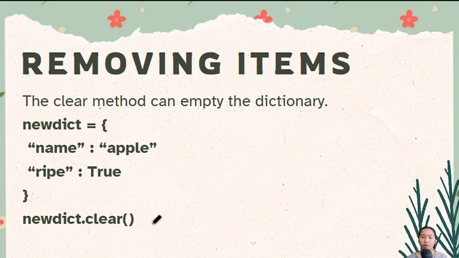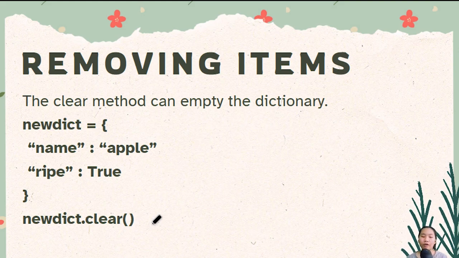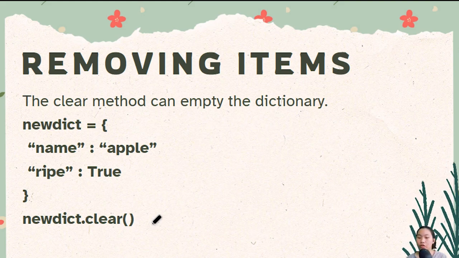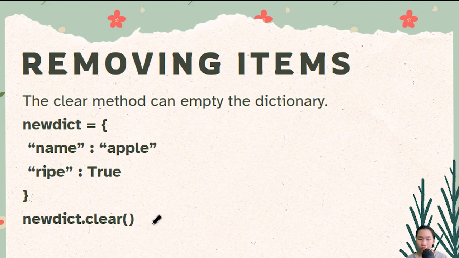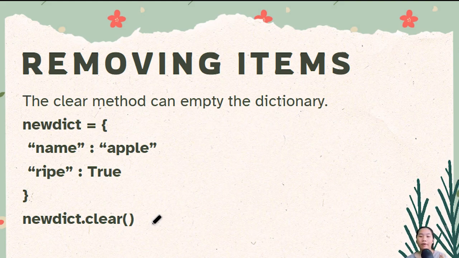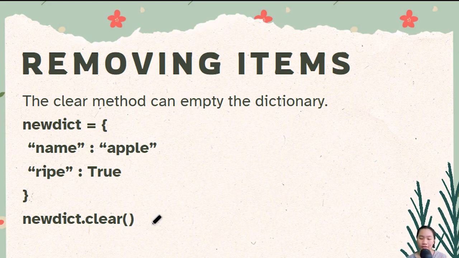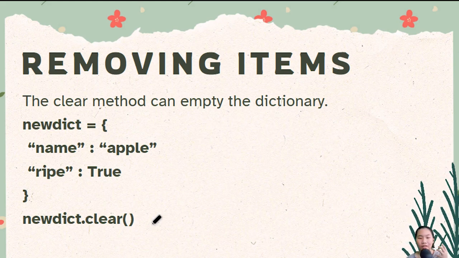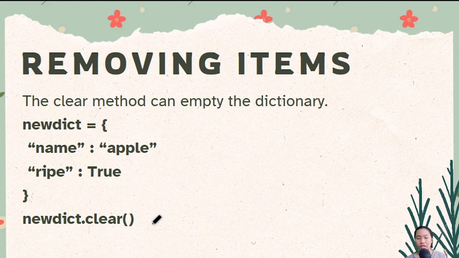Now I just want to have a disclaimer. Deleting a dictionary and emptying a dictionary are two different things. With deleting a dictionary, once you print it afterwards, or you reference it, or you try to use it somehow, it will return an error because that dictionary no longer exists. However, with clear, it just simply takes away all of the values, all of the items that are currently nestled within that new dictionary.